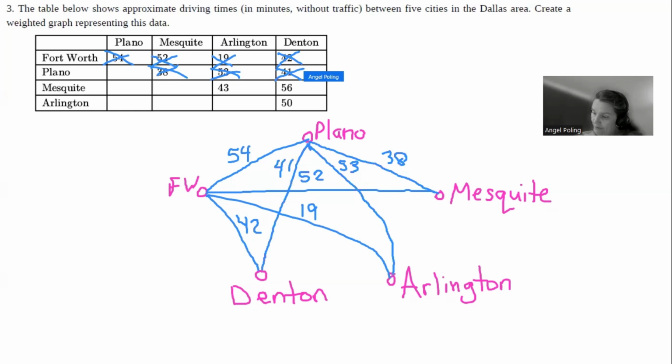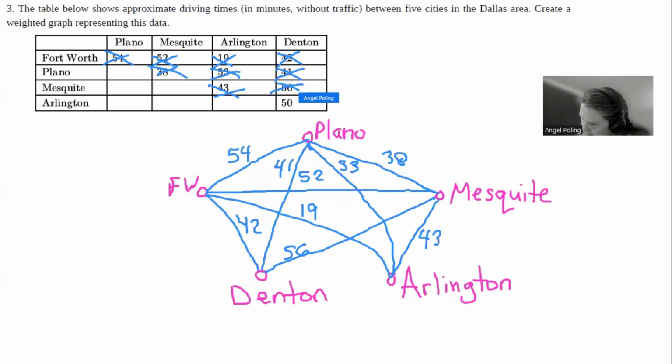We have Mesquite to Arlington, which is 43. Mesquite to Denton is 56. And Arlington to Denton is 50.